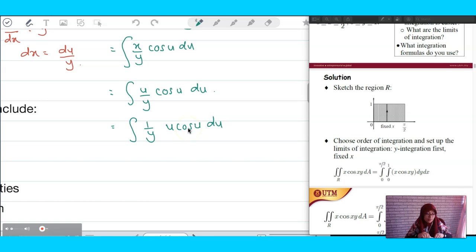Remember, there is a hint where and when you need to use the by parts technique. When there is a combination of a polynomial and trigonometry, or exponential and trigonometry, and I'm sure that you know that. But for those who have forgotten, you have to do some revision on the technique of integration.